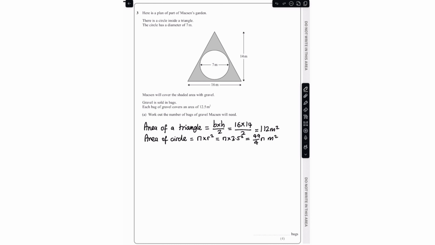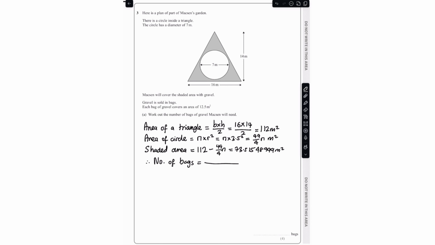To obtain the shaded area, we need to subtract the area of the circle from the area of the triangle. So the shaded area equals 112 minus 49 over 4 pi, and that equals 73.51548999 meters squared. Therefore, the number of bags will simply be the shaded area divided by the area that each bag of gravel covers.